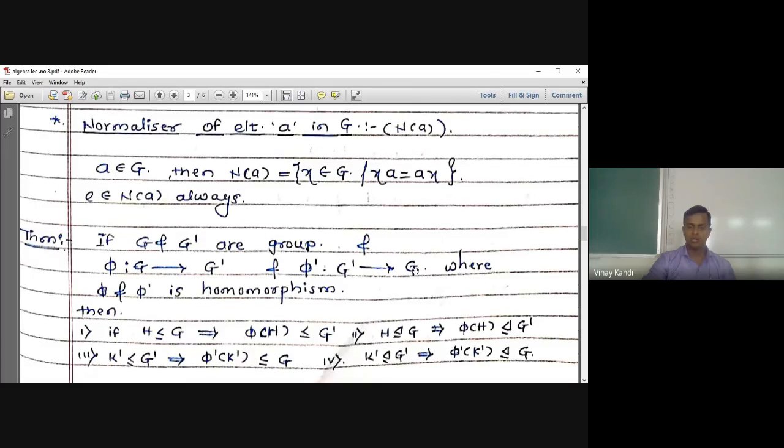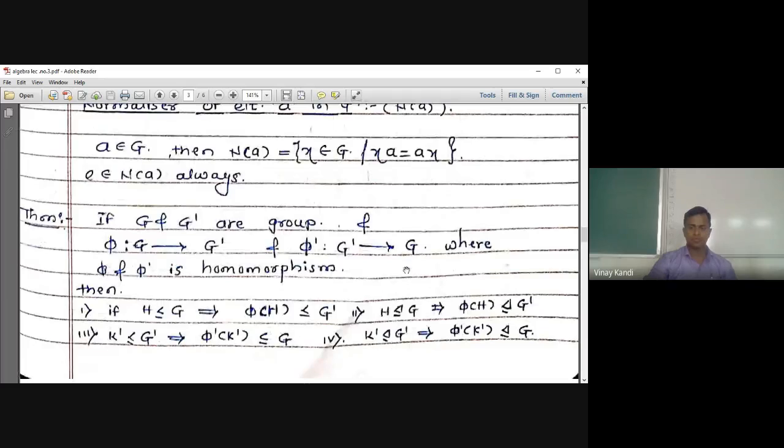G मध्ये येणार. So the image is in G. And fourth statement, if K dash is the normal subgroup of G dash, it implies phi dash of K dash is the normal subgroup of G. Okay, phi dash ची image कुठे येणार? G मध्ये येणार. And phi ची image कुठे येणार? G dash मध्ये येणार.